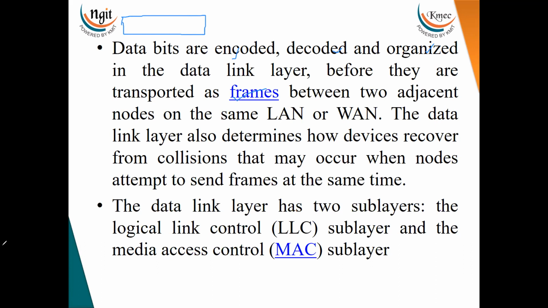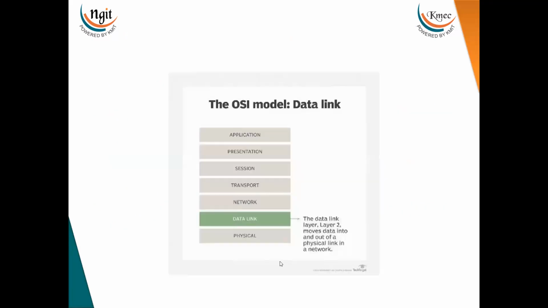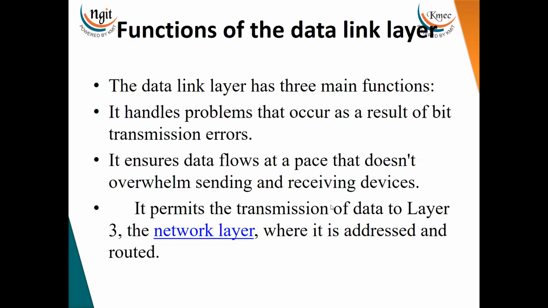Now, the major functions of the data link layer: whenever we have a transmission, the data link layer has mainly three functions. What are those three? First, it handles problems that occur as a result of bit transmission errors.